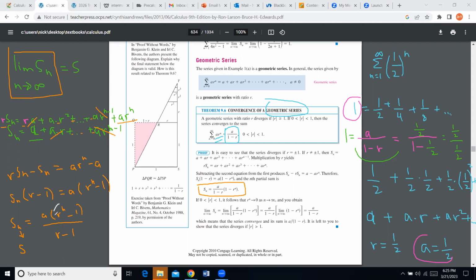When n approaches infinity, r to the power of n should go to 0. So you're going to get minus a over r minus 1, or if you multiply the top and the bottom by -1, you're going to end up with this expression, as long as r to the power of n goes to 0.